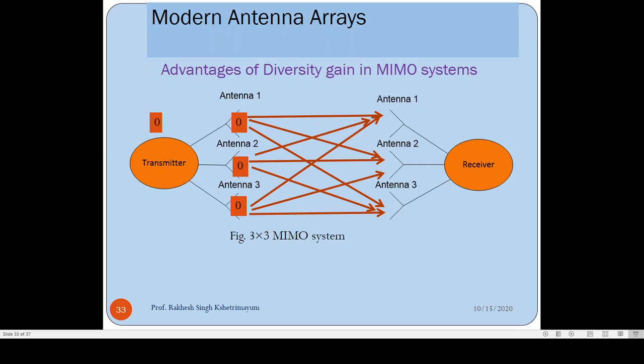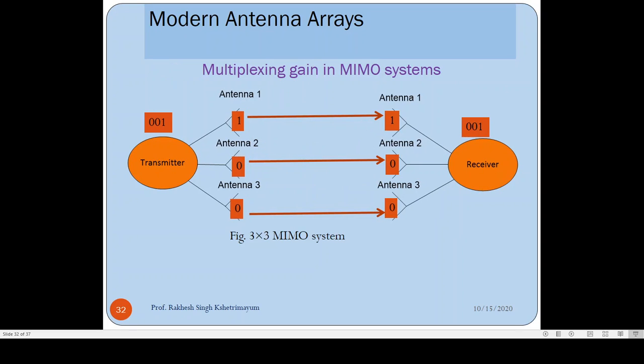In the antenna array principle, we have one port, and from the one port we are feeding the antenna array. The feed line is giving different phases to all the antenna elements. But here, instead of having one port, we'll have 3 ports. From every port we'll be sending a signal. For example, in this case, I have 3 antennas, so I will have 3 ports. I will send one message from one port, another message from another port, another message from another port.